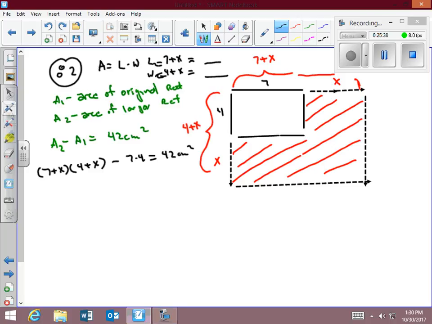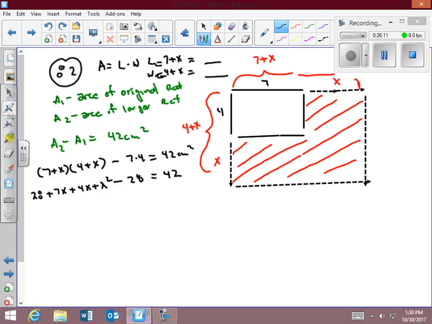So now with that problem, I use my algorithm, and it says what? First of all, expand it. So we FOIL it. 7 times 4, first term's 28, right? Outside plus 7x. Inside plus 4x. Last plus x squared. Minus 7 times 4 is 28, equals 42.